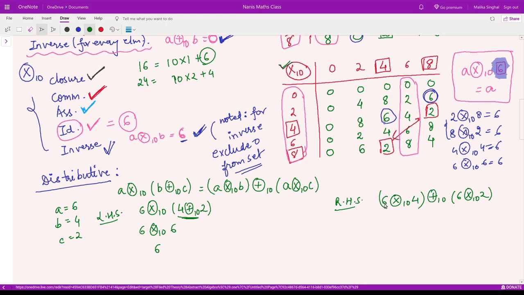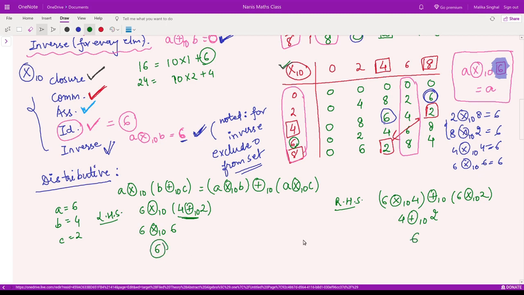So let us look at these. 6 multiplication modulo 10, 4 would give me 4, then addition modulo 10, and 6 multiplication modulo 10, 2 would give me 2, then 4 addition modulo 10, 2, this would give me 6.